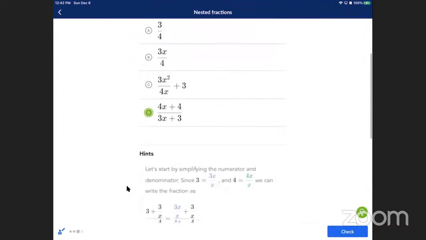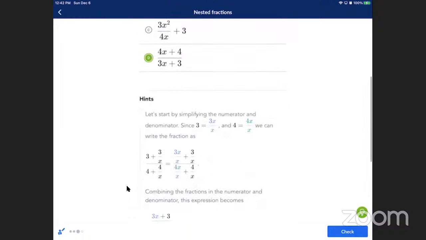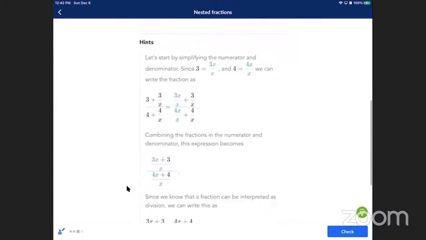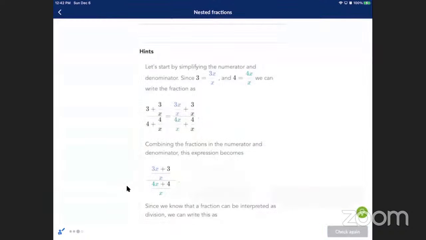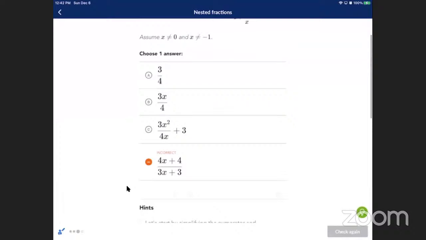So we start by simplifying the numerator and the denominator since 3 equals 3x over x and 4 equals 4x over x. Okay. So it's do this. Oh wow. Okay, so that's honestly the problem there. Oh, that made a big mistake.